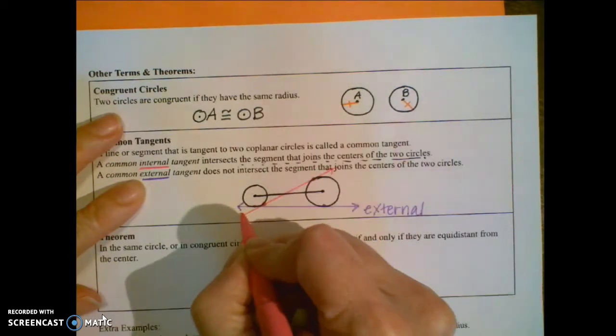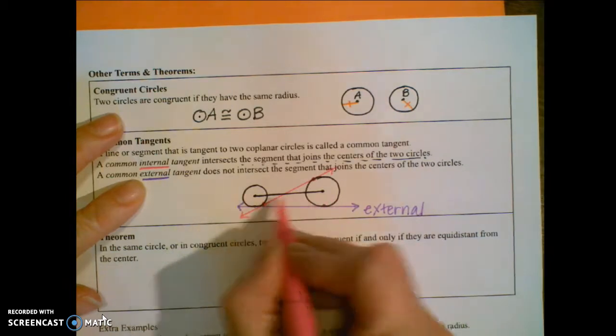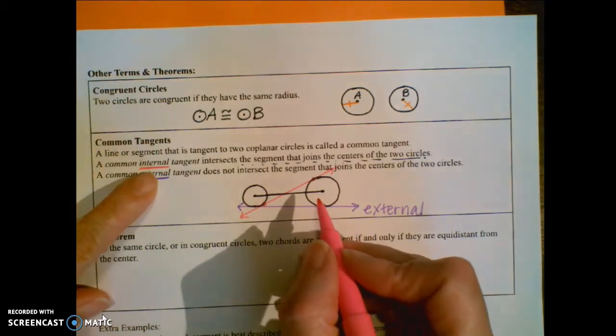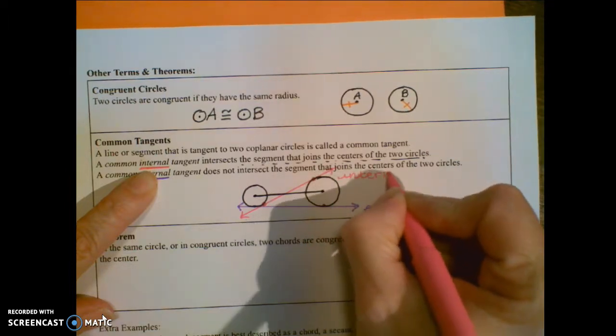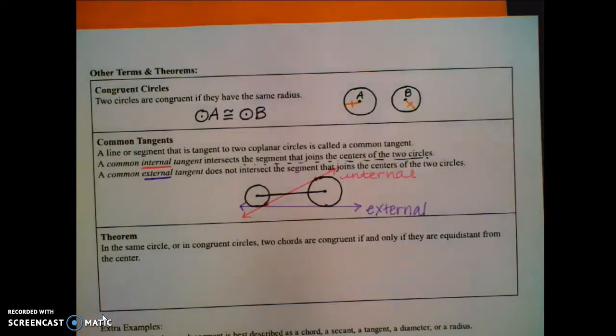So this line does cross that segment joining the two centers, which is why it's referred to as an internal tangent. So an internal tangent is where it's going to cross the segment. External is where the line does not cross the segment.